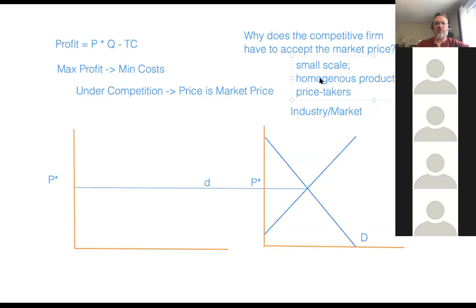A homogeneous product is a product that is identical regardless of who produces it. You want to remember homogeneous product because it's a common, technical way of describing it.